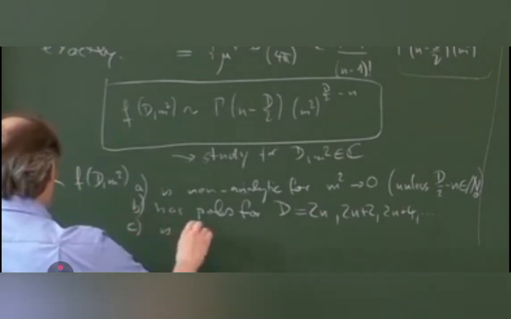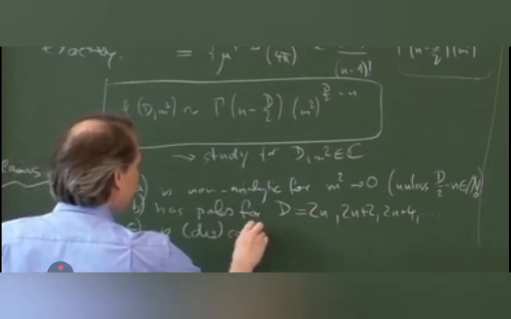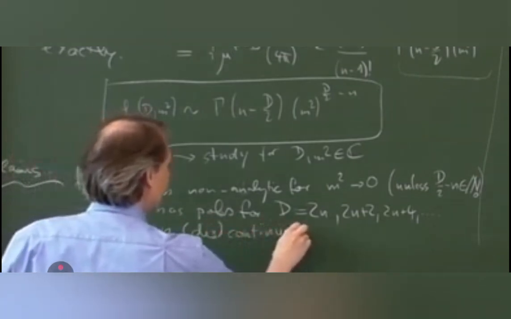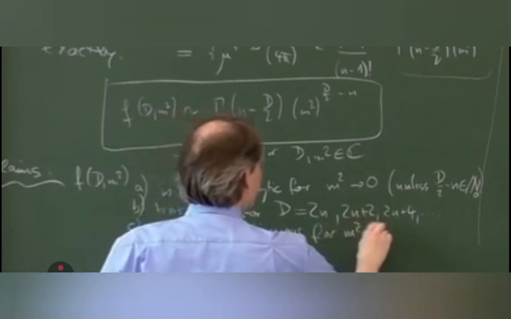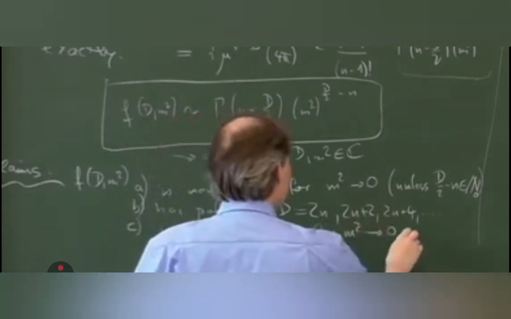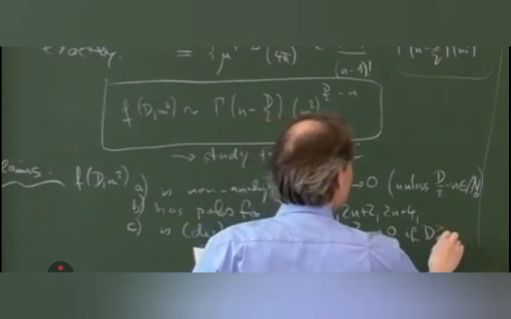The function is discontinuous or continuous for m square going to 0 if d is either bigger or smaller than 2n.